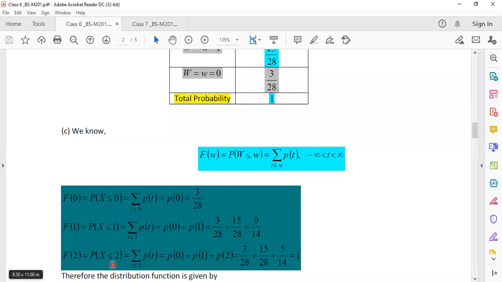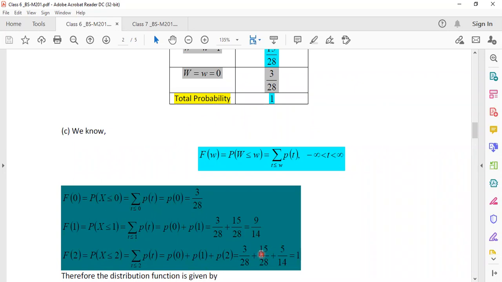Now whenever I write X less than or equal to 2, that means X can take either 0, or X equal to 1, or X equal to 2. That means we are calculating the probability of X equal to 0 union X equal to 1 union X equal to 2. They are individually mutually exclusive, so we are adding these figures together.